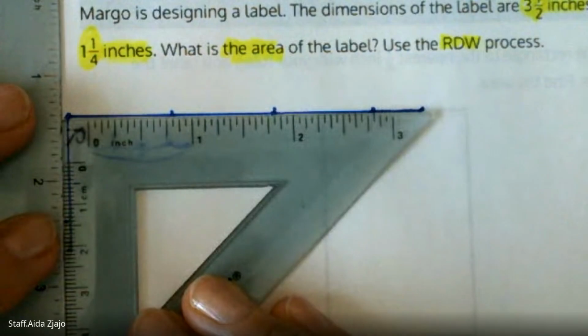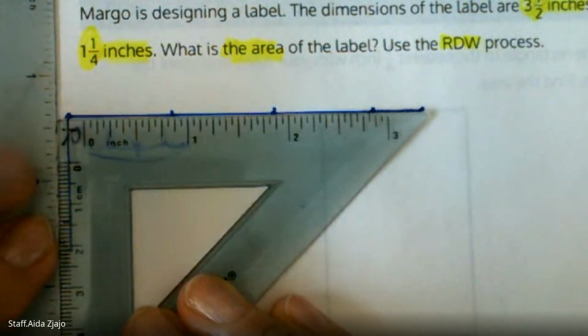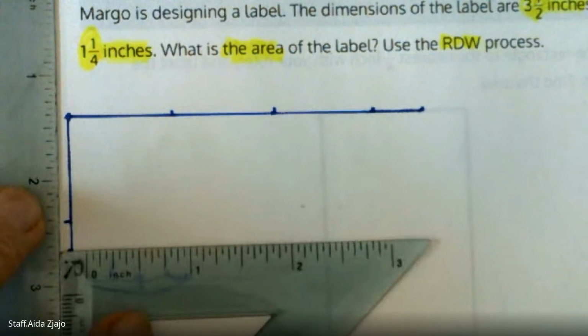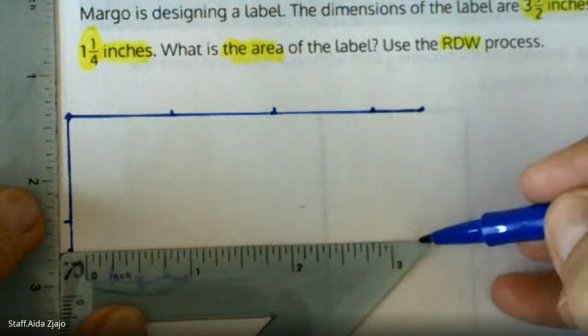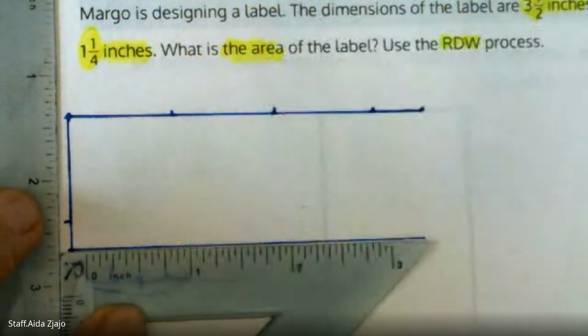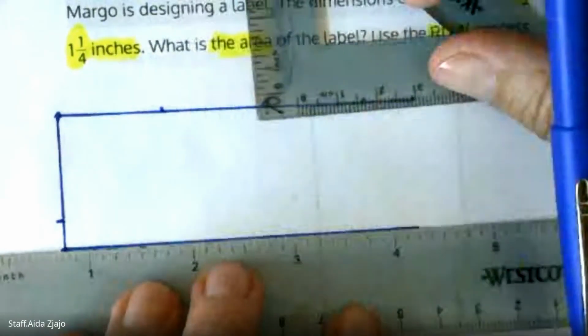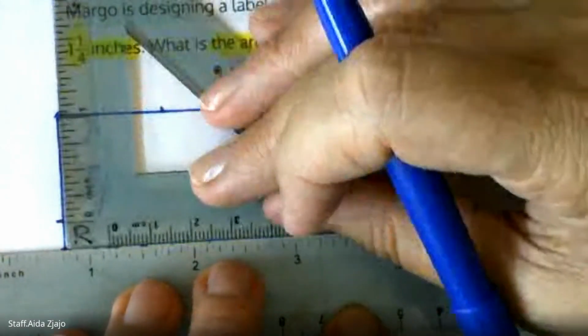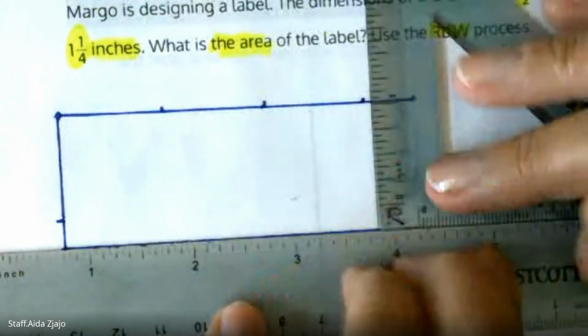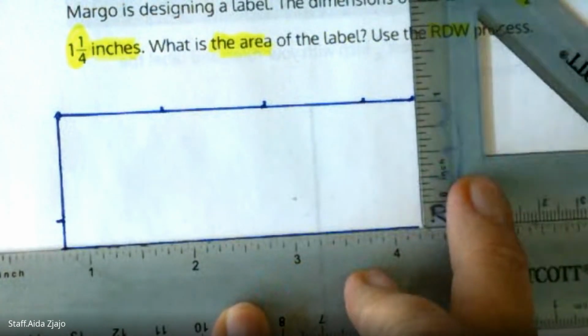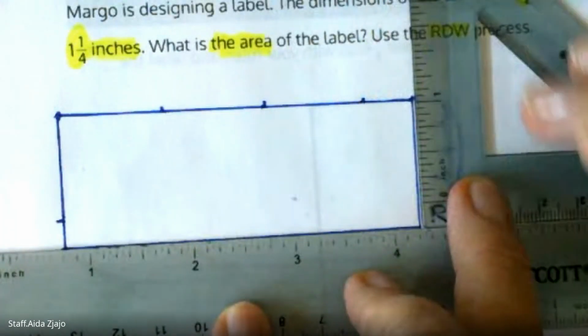So I make a parallel line. If this is 3.5, so is this one as well. If this here is 1 1/4, then all the way across it's going to be also that length.